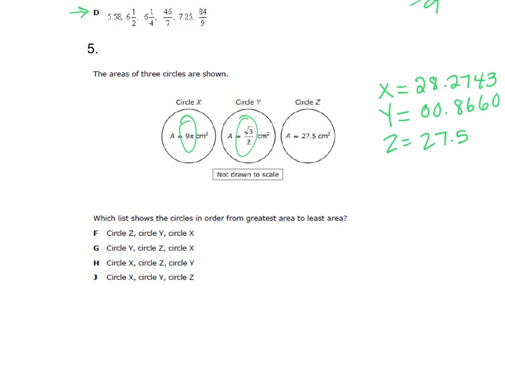So, looking at these, we need to know greatest to least. So we're going to say x, z, and y. So it's h. That's it.